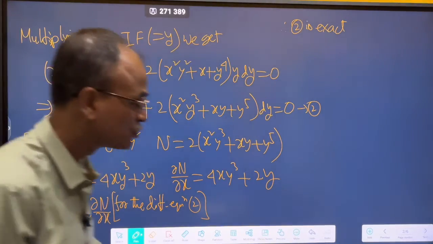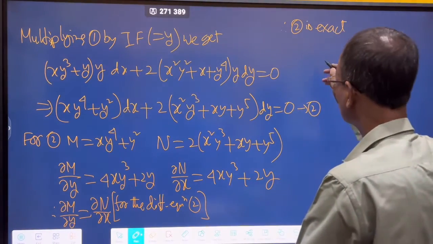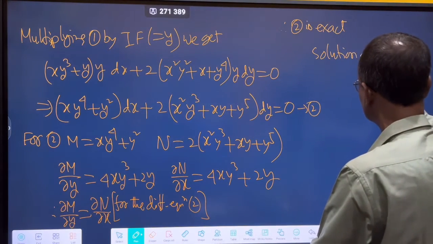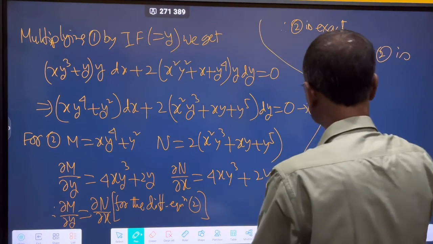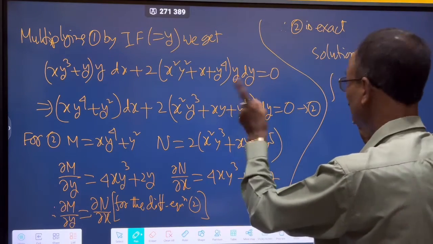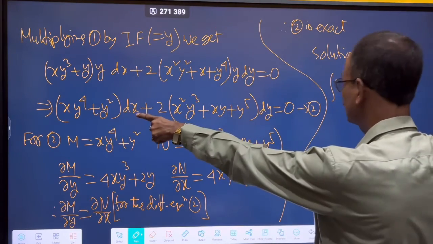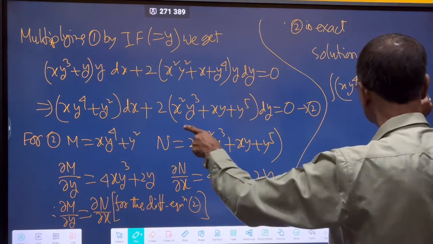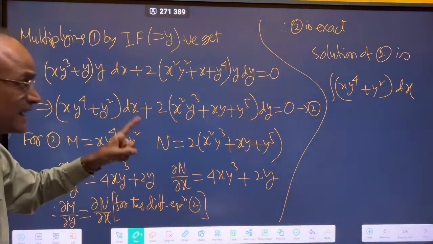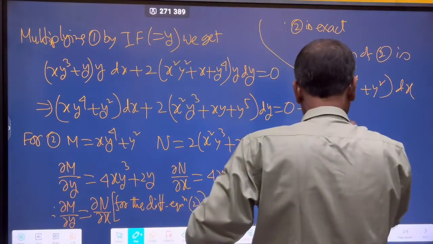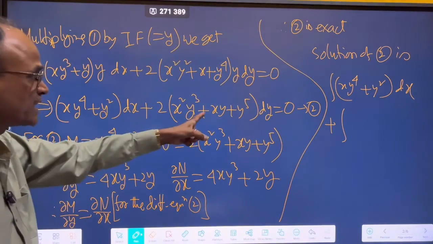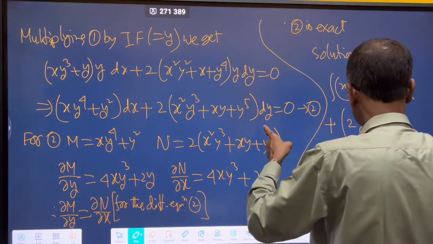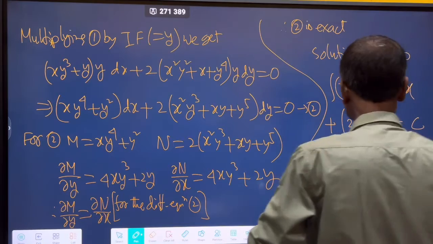Since equation 2 is exact, the solution of 2 is integral M dx, that is, x y to the power 4 plus y square dx, treating y as constant, plus integral of only those terms which are free from x, that is 2 times y to the power 5 dy, equal to constant c.